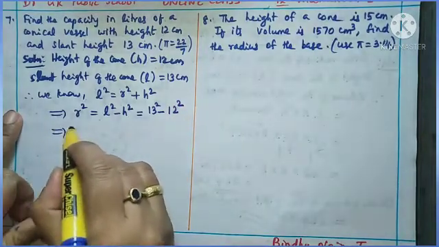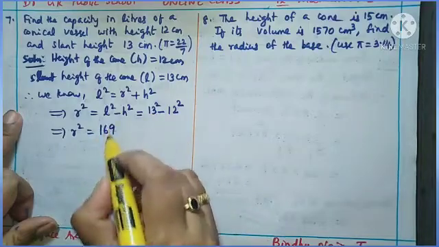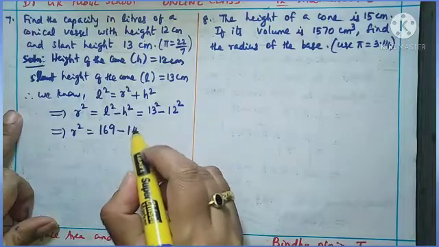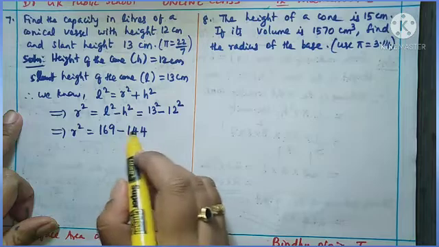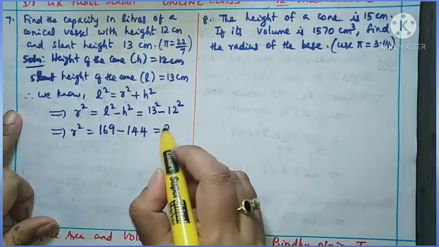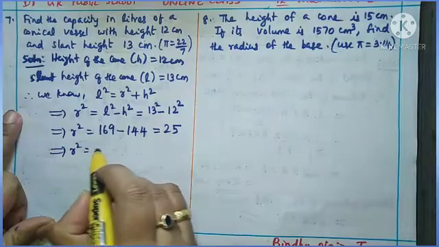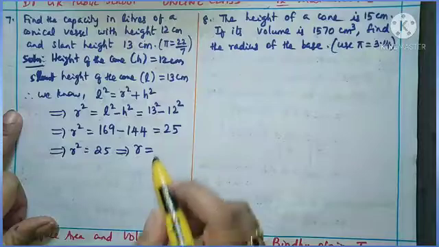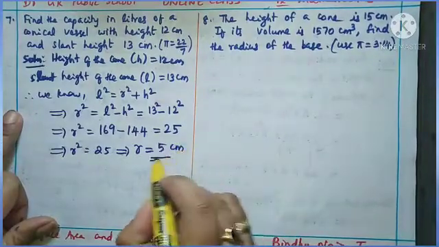So that implies r square equals, what is 13 square? 169 minus 12 square, which is 144. Subtract 169 minus 144, you will get 25. So r square equals 25. Can you say what is the value of r? Yes, 5 into 5 is 25, so 5 centimeter is the radius.